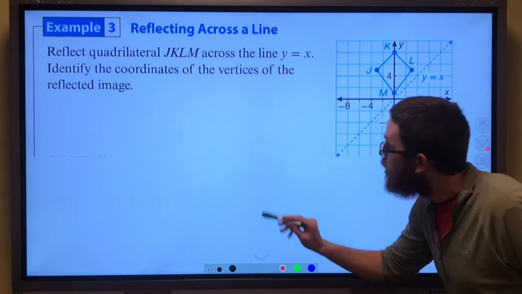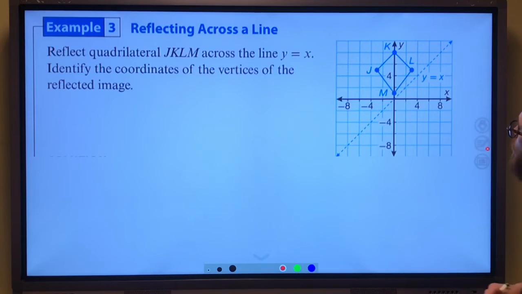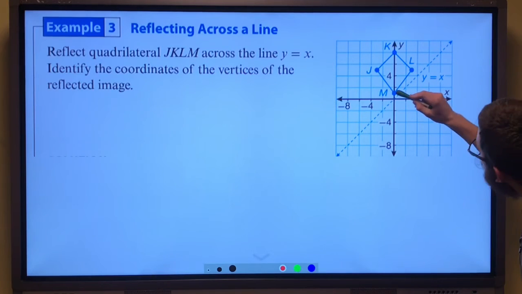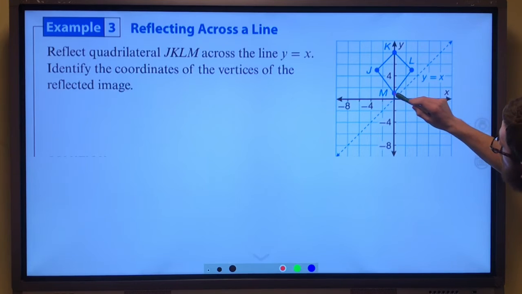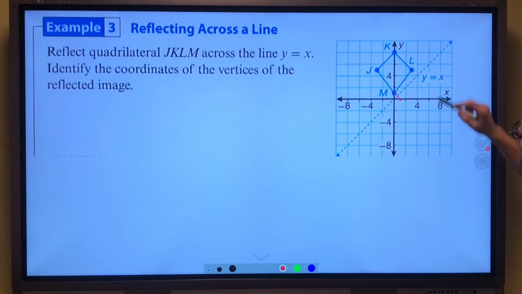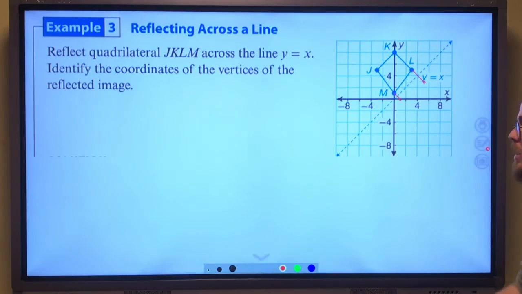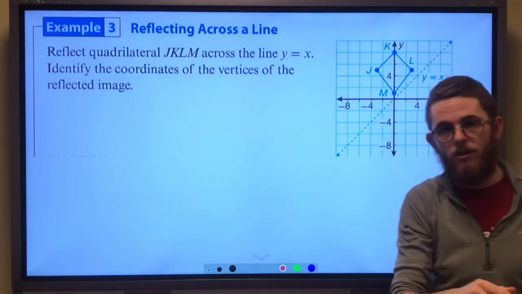Here, we want to reflect this quadrilateral across the line y equals x. We can notice the distance from the point M to the line of reflection, and we go that same distance away. L to the line of reflection, L away. We can keep doing this for all of them.